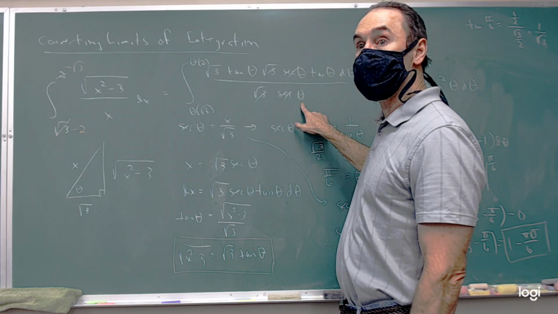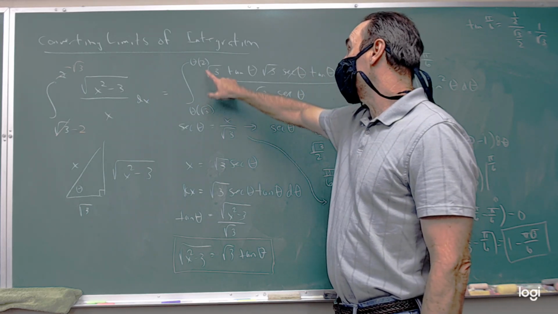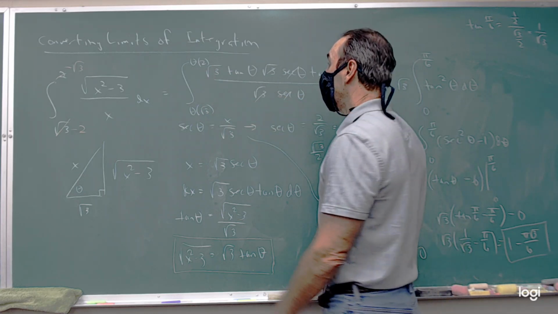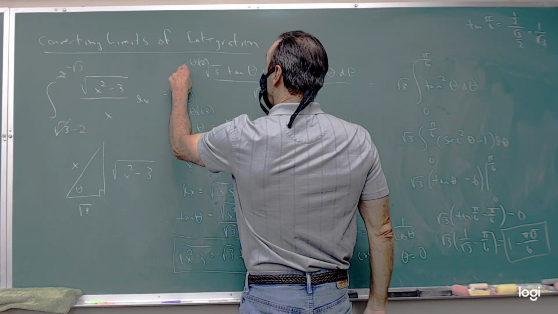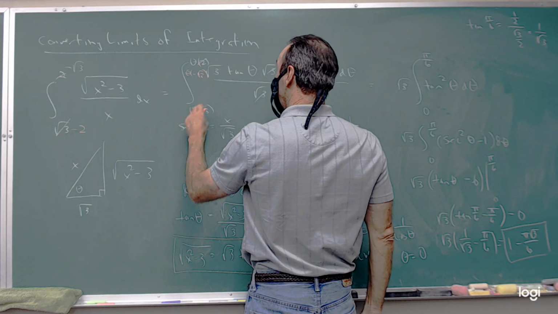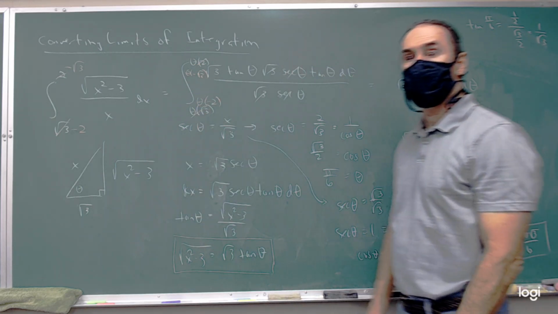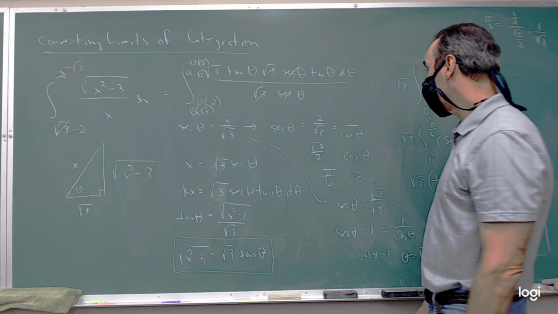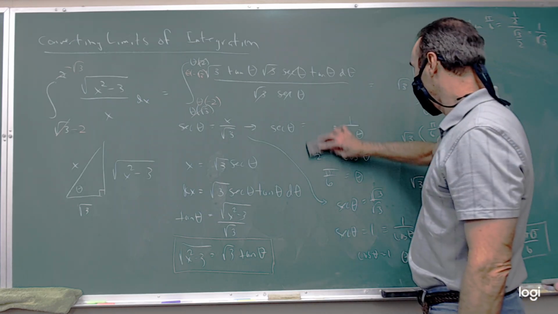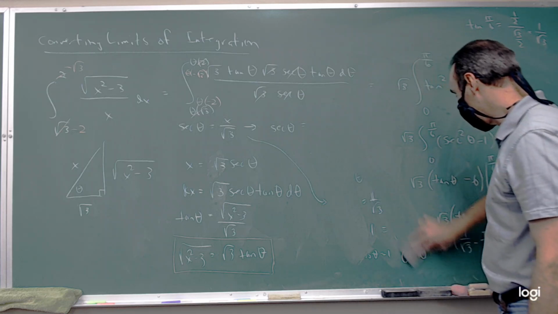Now, here's where it gets interesting, because now we're going to take theta of negative square root of 3, and this is going to be theta of -2. So now we're going to change our limits here.